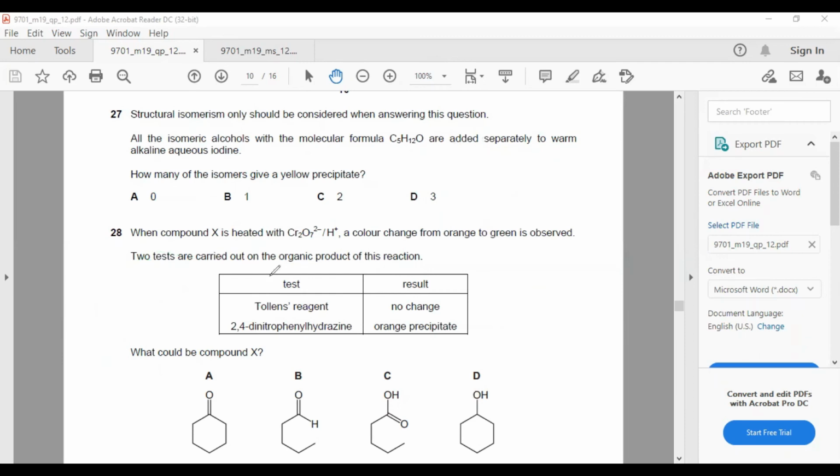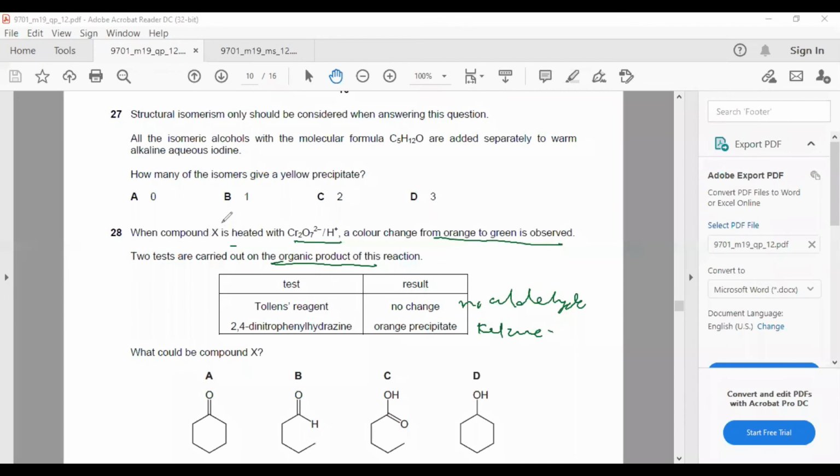Now next, when compound X is heated with dichromate, green is the oxidized product. It means it is not aldehyde. It was a secondary alcohol, because no aldehyde is formed.